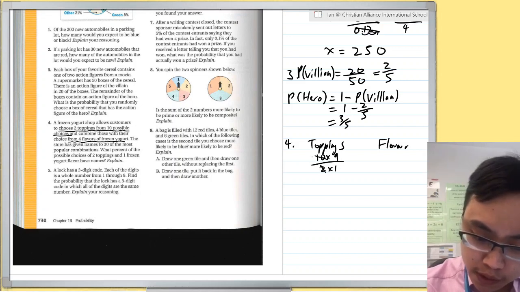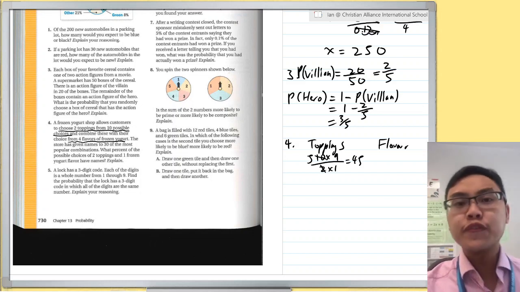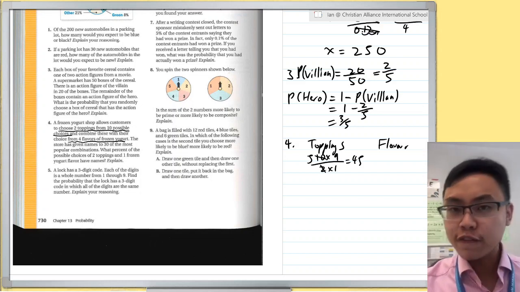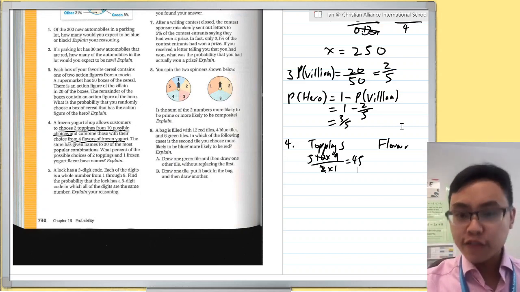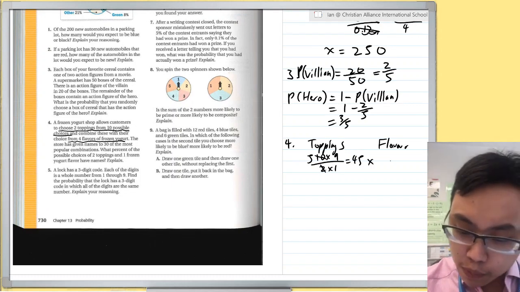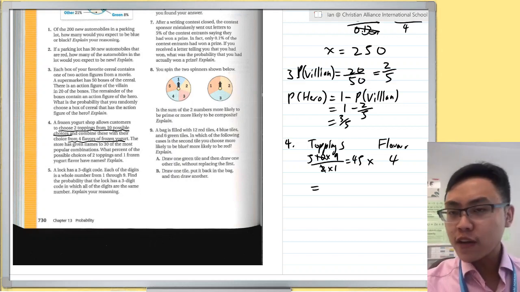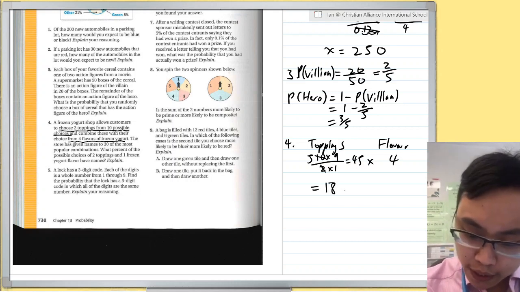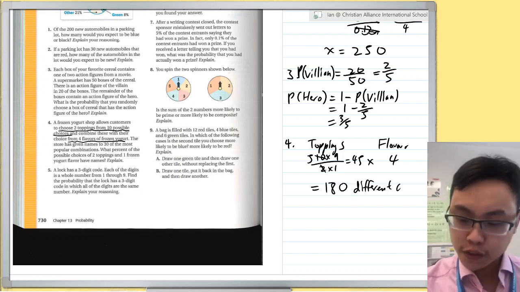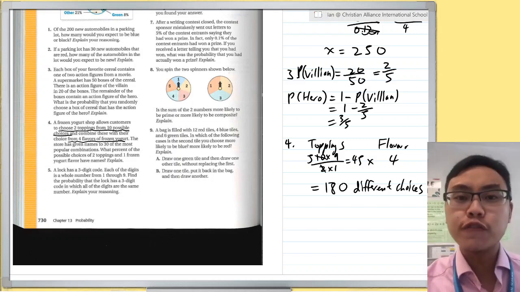We can simplify this to 5 times 9, which is equal to 45 different combinations of toppings. And then in terms of flavor, we can choose from 4 flavors, so we need to multiply that by 4. So in the end, there is 45 times 4, which is 180 different choices for choosing your frozen yogurt.